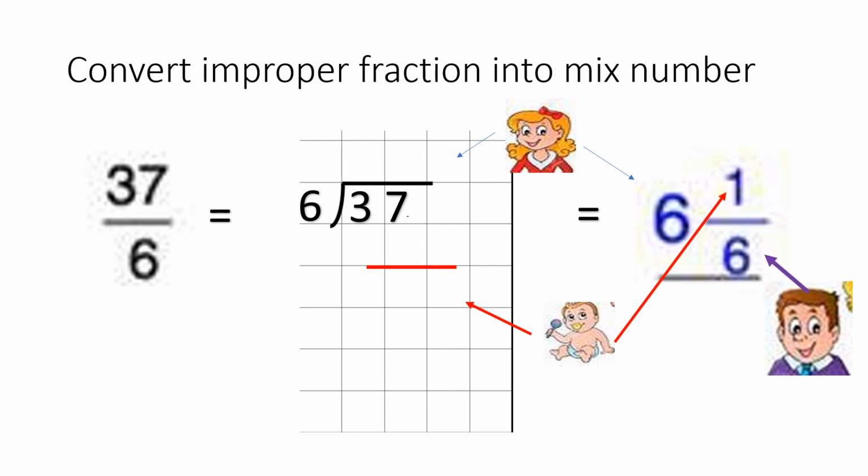Now look at 37. Is it appear in your 6 times table? No, the nearest is 36. 6 times 6 is 36. Now 37 minus 36 is 1.